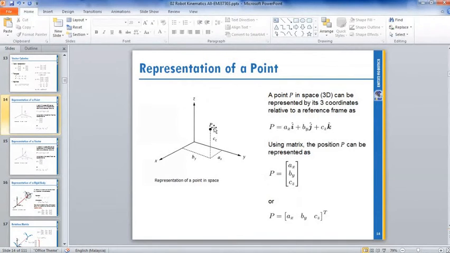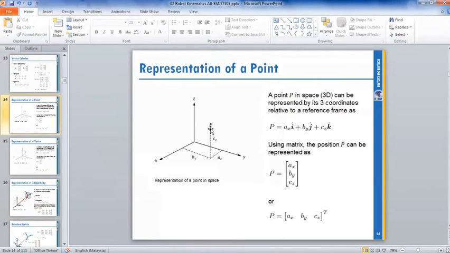Okay, this is a position in 3D view. So you have X, Y, and Z. If X is to the left side, then you use the right hand. For example, this is only position because it's only a point. You want to find the position of the robotic arm. So for example, this is your robotic arm.